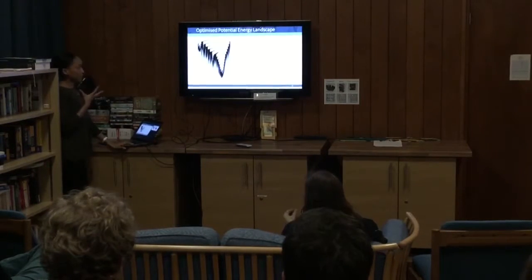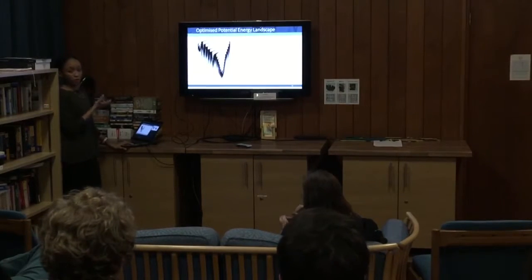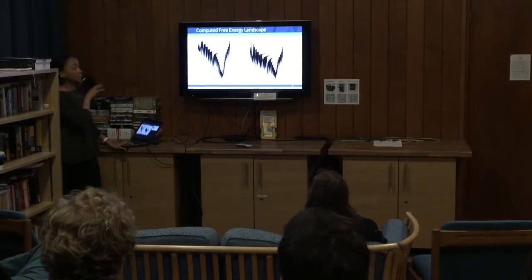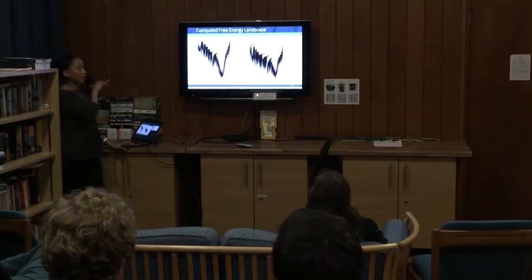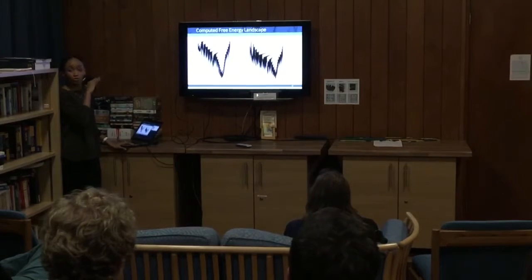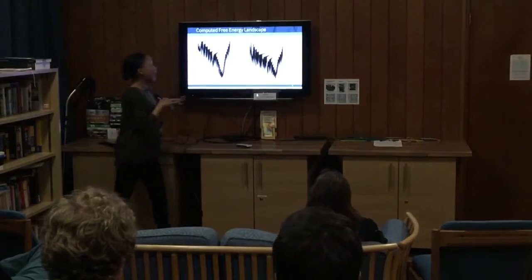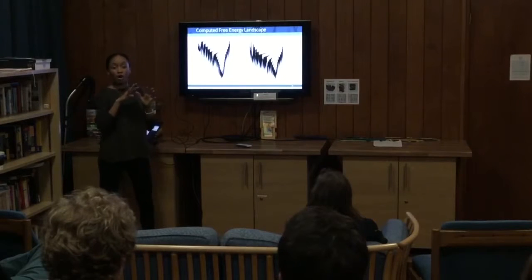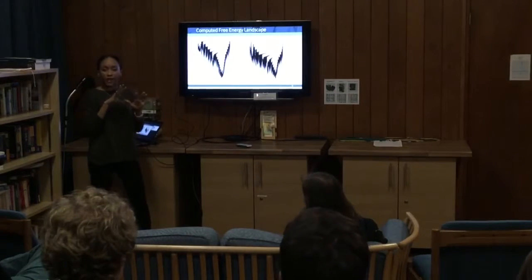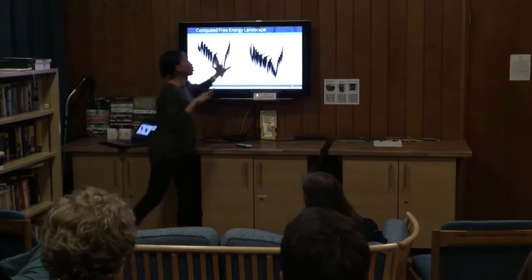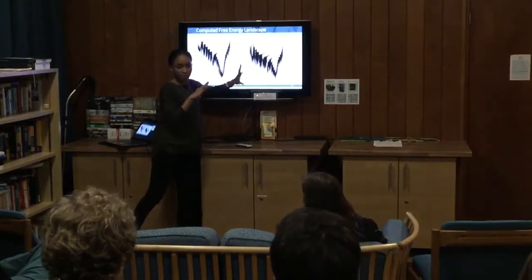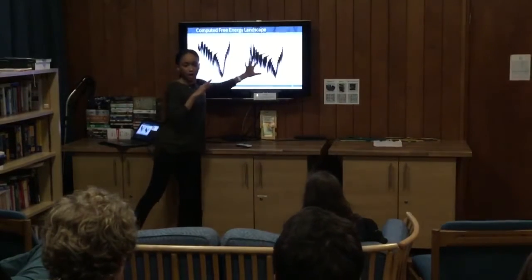So this is the picture of the potential energy landscape that I would have gotten from my model protein, trypsin. From the potential energy landscape, you can then calculate what your free energy surface looks like. If your computations are fairly accurate, there should be a good relationship between what these landscapes look like.